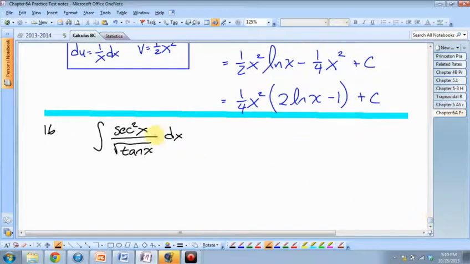So again, I'm noticing that the derivative of tangent is secant squared. So that tells me that this will be a regular u substitution. If it's not, I'll figure it out quickly enough, right? I definitely don't want to start by using integral by parts.